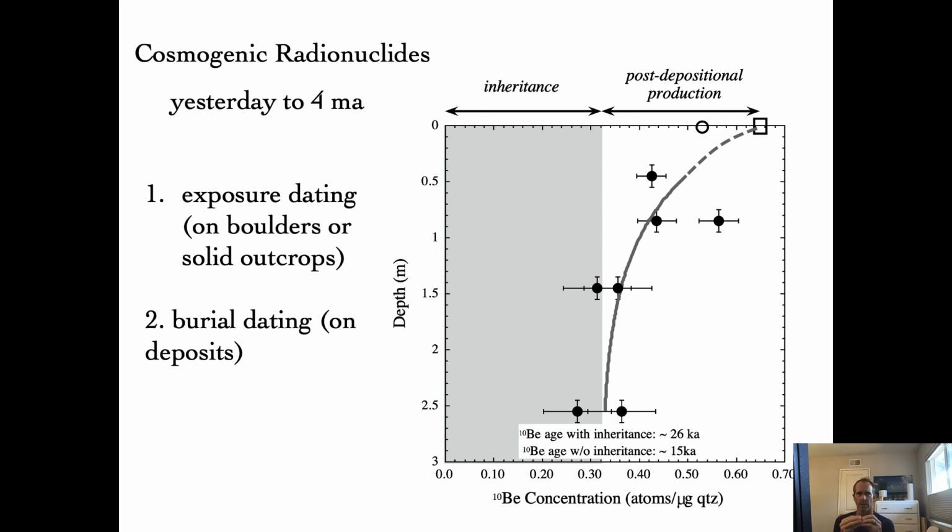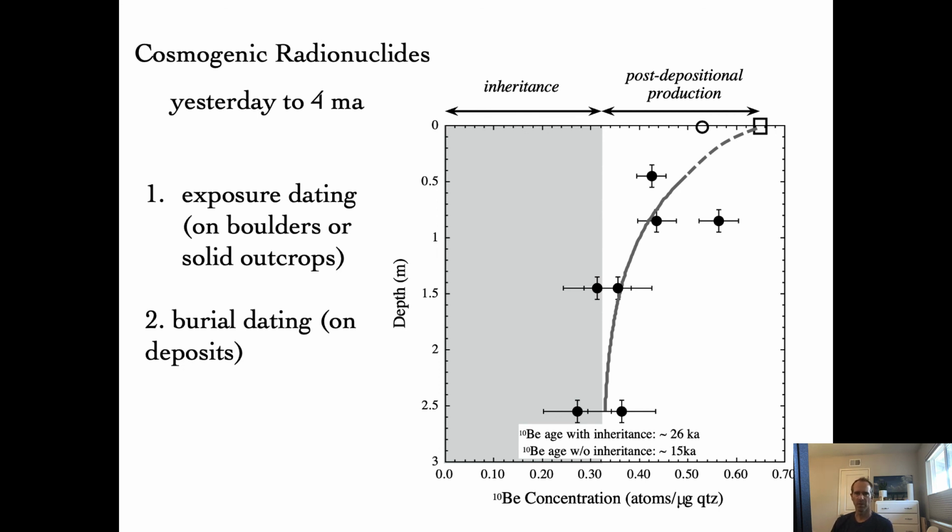And so then you can take that deposit and measure the amount of material that has been created from the interaction of incoming radiation with the minerals in that material. And same thing, you know the rate at which it's produced, and if you know the amount, then you can extrapolate and figure out the age of it.